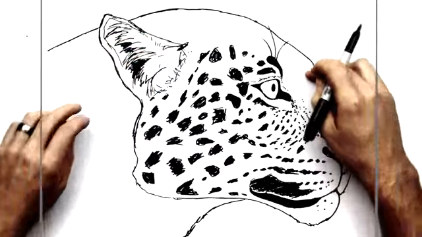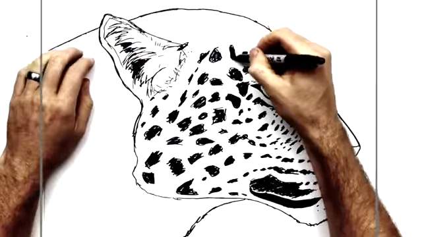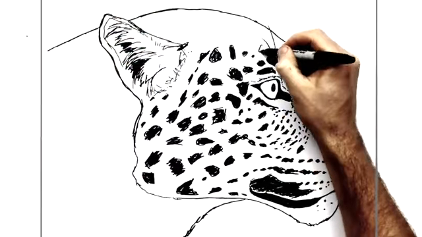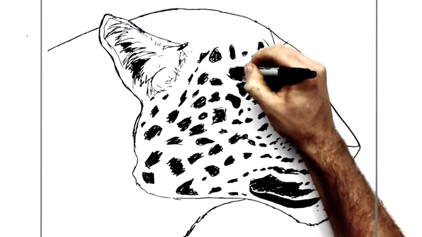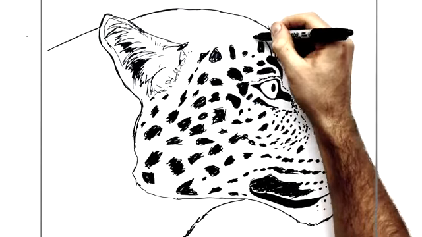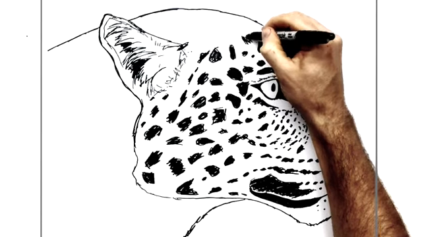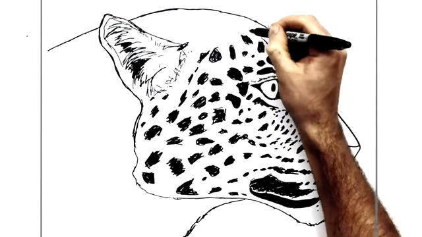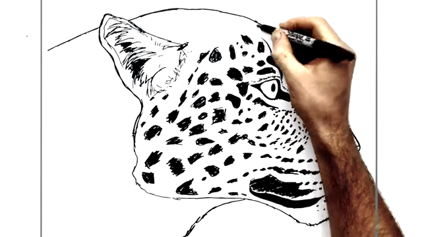And then we can do the spots that are on his head, just here. So we have big ones here. Big ones there. A few smaller ones in between.